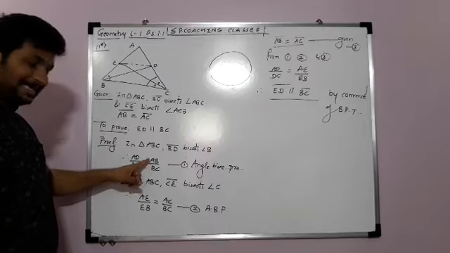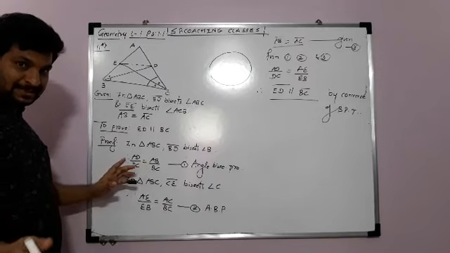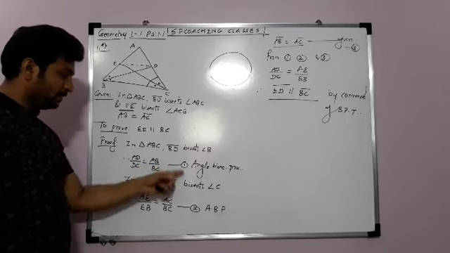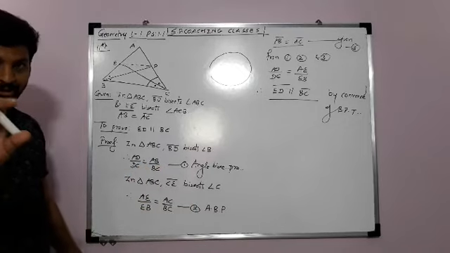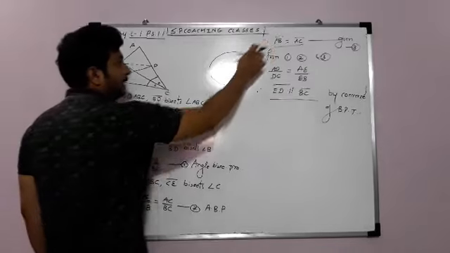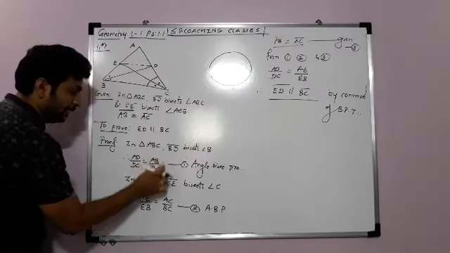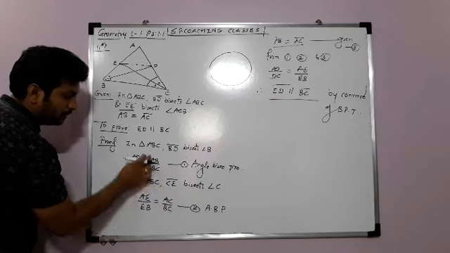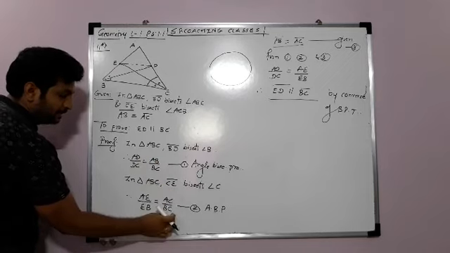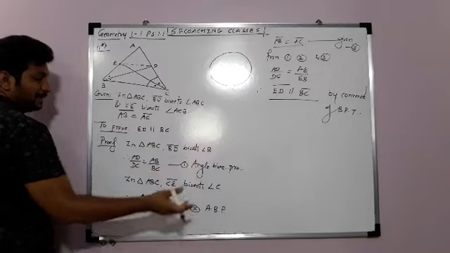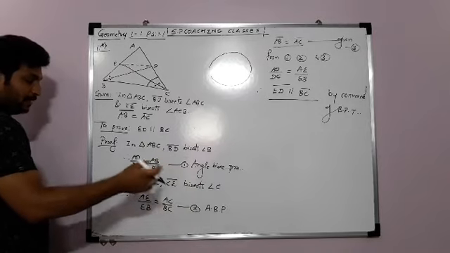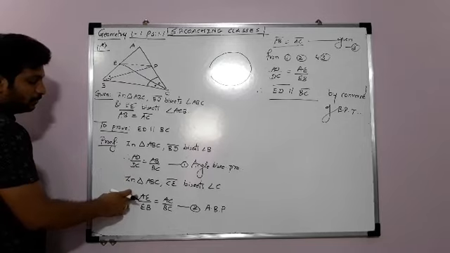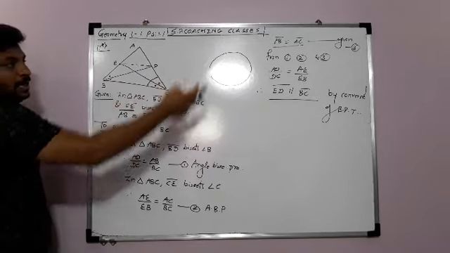Means both proportions on the right hand side of equations 1 and 2 are equal. Got it guys? See once again, AB is equal to AC and BC is common. Is it clear? Means right hand side proportions are equal. Therefore left hand side will also be equal. Therefore AD upon DC is equal to AE upon EB.